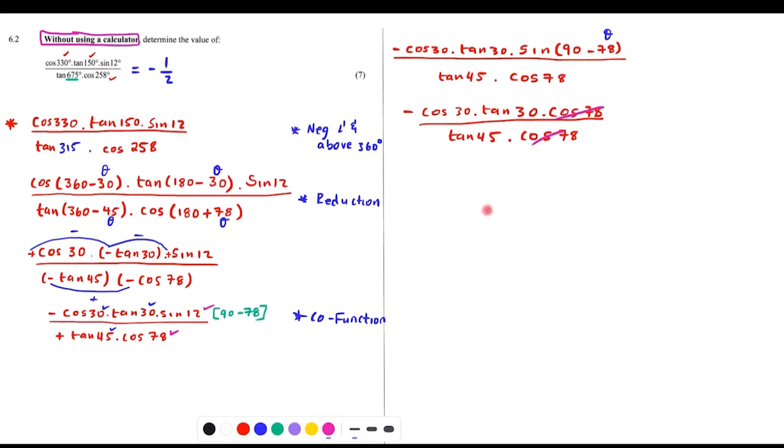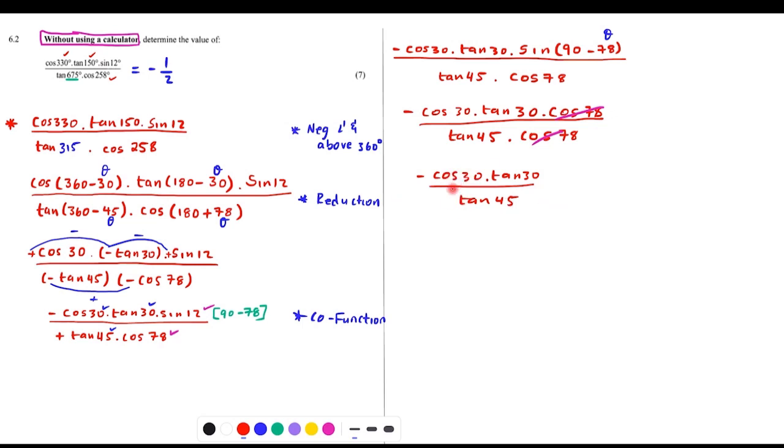Then we have a minus cos 30 times tan 30 over 1045, right? And then from there we can press our calculator on the special angles.